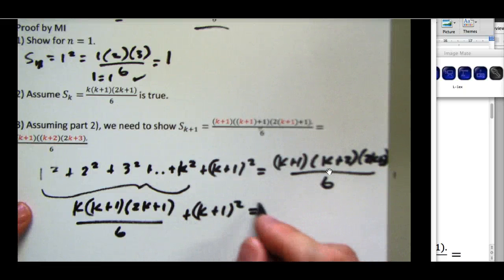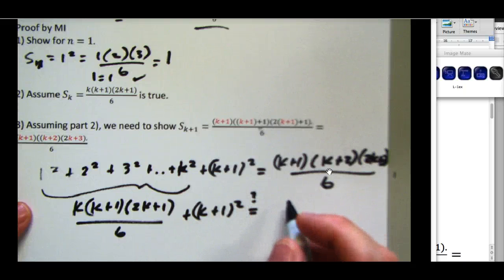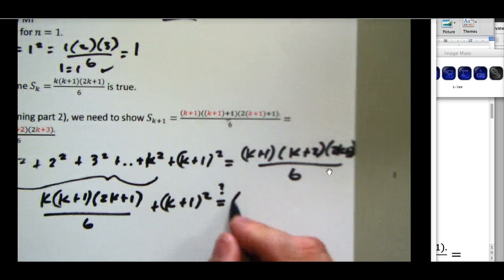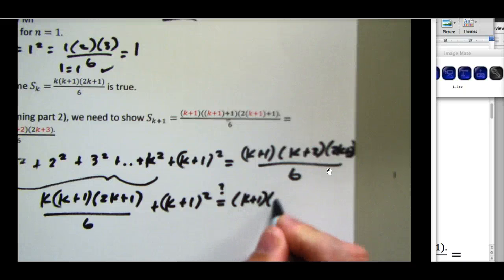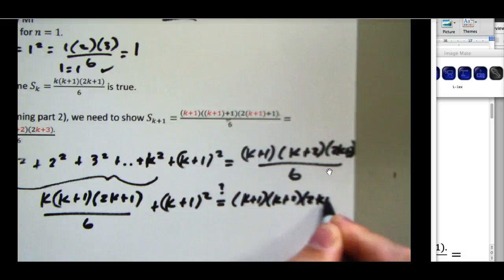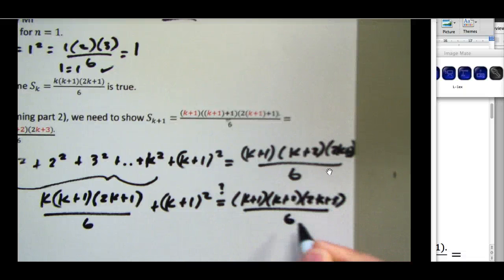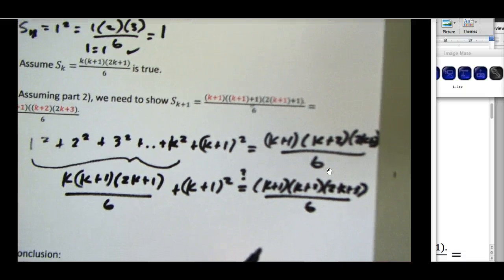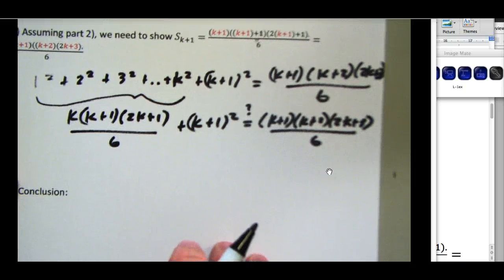And does that equal, and that's what I'm asking with a question mark, does that equal whatever I have here? So what I'm going to do is go through, simplify this, and then talk about what I did for a moment.